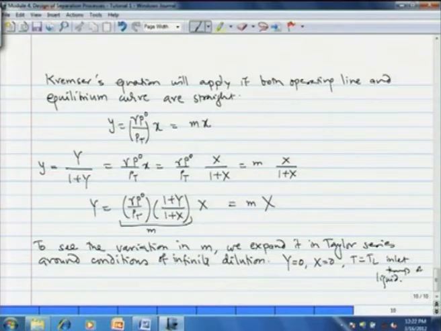And at these conditions of infinite dilution, we write M equal to M naught, which equals gamma naught P naught naught by Pt, where the subscript naught denotes standard or reference condition.